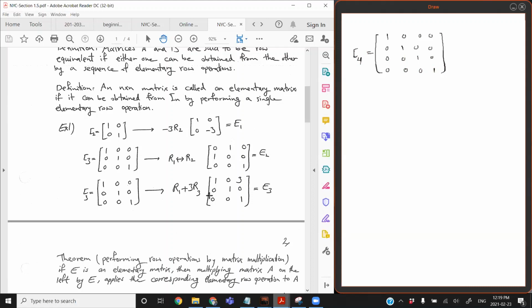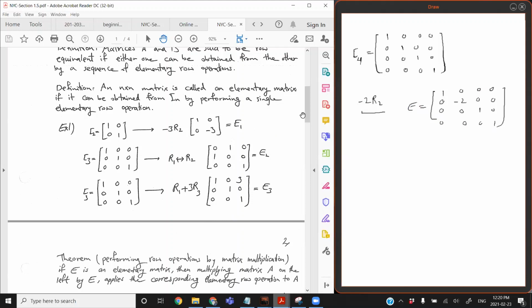Now, if I perform, let's say, -2 R2, that's a single row operation. Then I get this matrix here: 1, 0, 0, 0, 0, -2, 0, 0, 0, 0, 1, 0, and 0, 0, 0, 1. This matrix here is an elementary matrix because I got that from I by performing a single row operation.